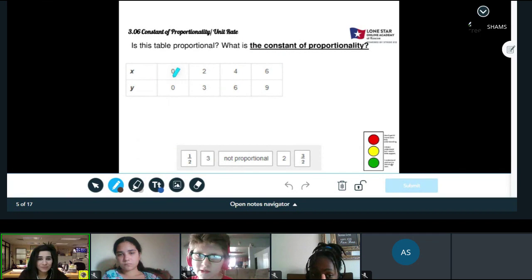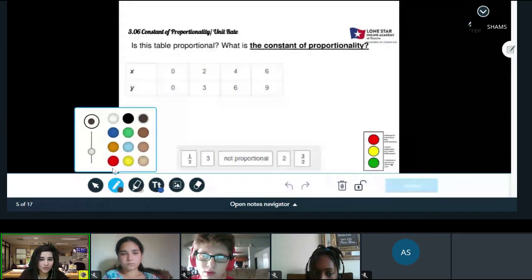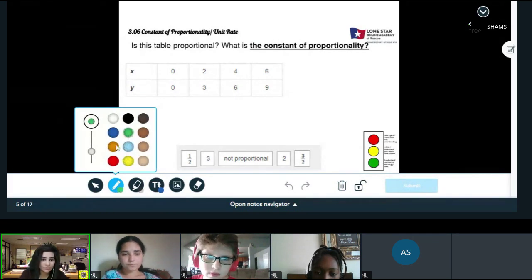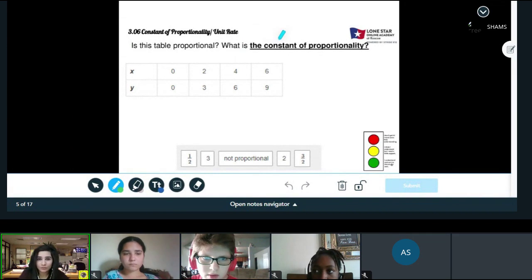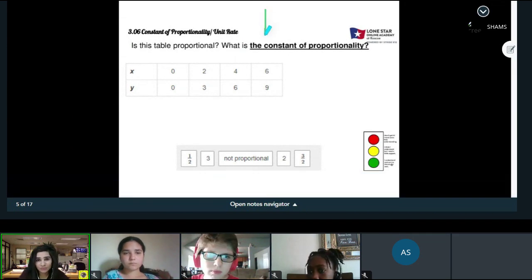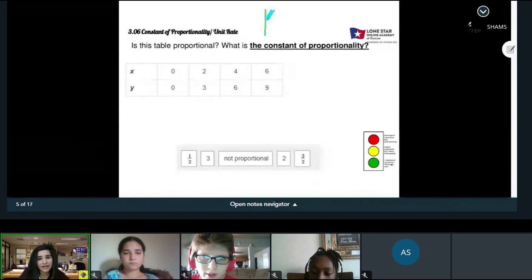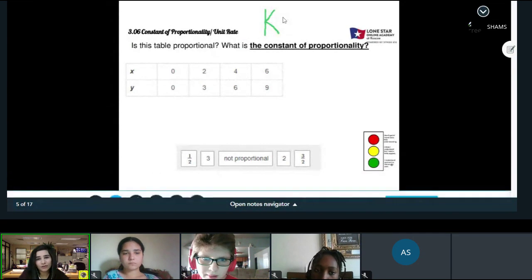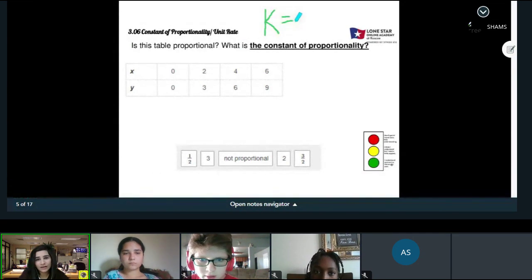I see this first number tells me it could be proportional. It could be, but I don't know. We'll have to check it out. For the constant of proportionality, normally mathematicians want to use the letter K. The formula they use is y over x. They're kind of finding the unit rate, y over x.